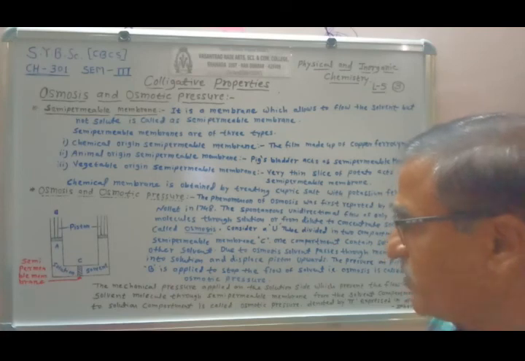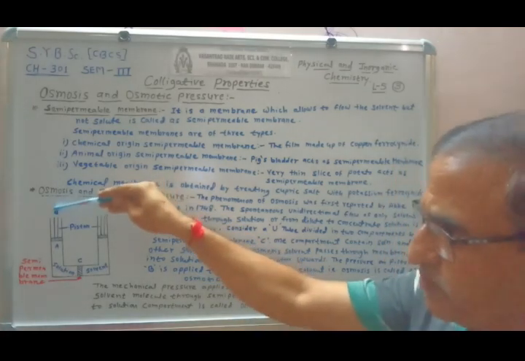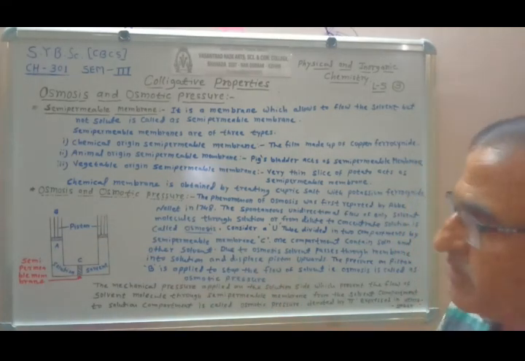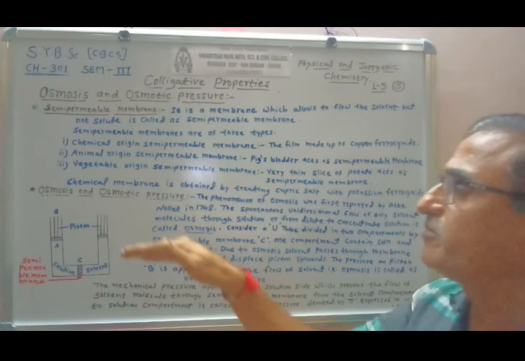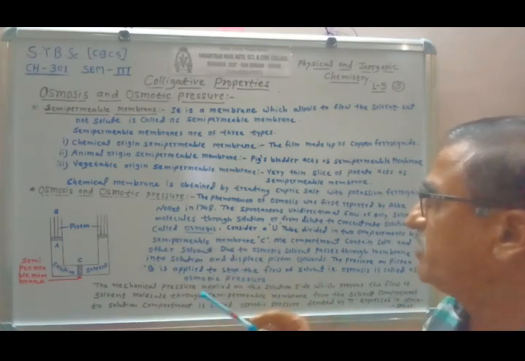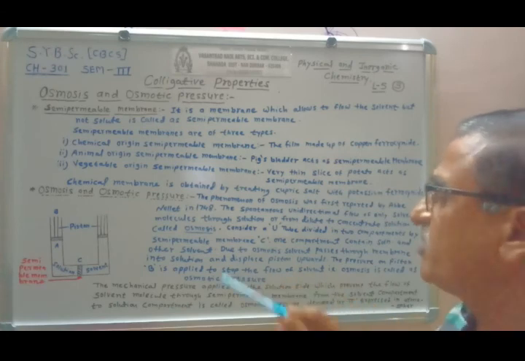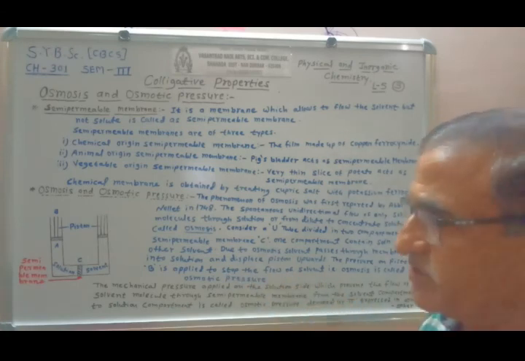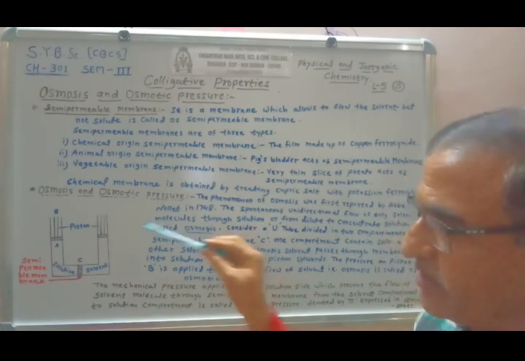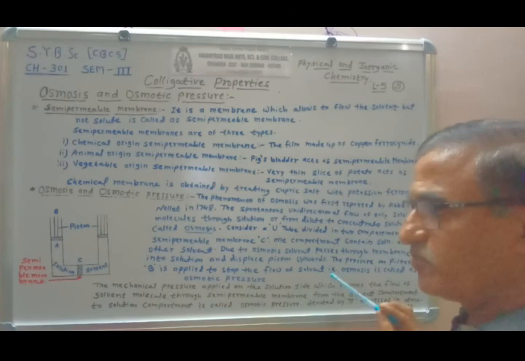Now, when pressure is applied to the piston B, what happens? To prevent this osmosis, when pressure is applied on piston B to prevent the flow of solvent through the semi-permeable membrane, that is called osmotic pressure, or the pressure applied to stop osmosis is called osmotic pressure.